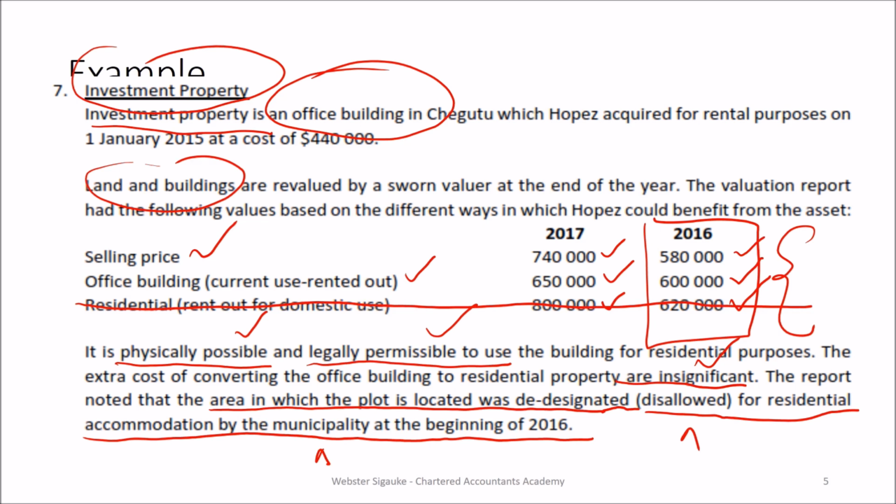Which means our fair value can only be considered from a point of view of selling it or from the point of view of using it as an office building. So given this, that means our fair value now in 2016 becomes 680,000, the highest. And in 2017, it becomes 740,000, the highest. So that is how, ladies and gentlemen, we use the concept of highest and best use for non-monetary assets.